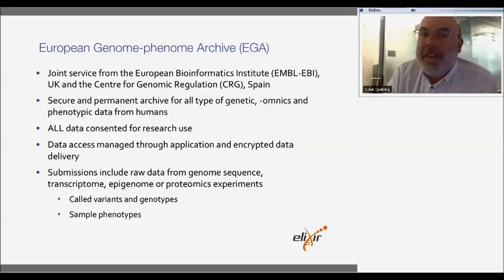Now, all this data is consented for research use, and I'll talk about that on the next slide. The data access is managed through application, and all data is encrypted, both in storage and in delivery. And our submissions include the raw data from genome sequence experiments, transcriptome, epigenome, and proteomics experiments, and we also take processed data such as covariants and genotypes and sample phenotypes.